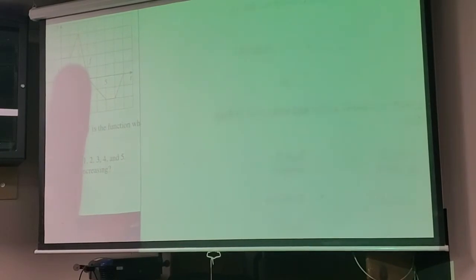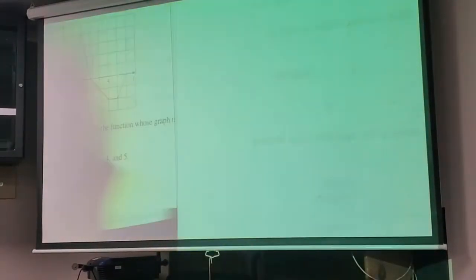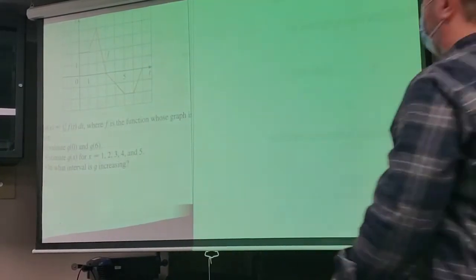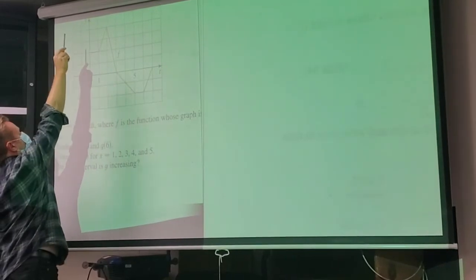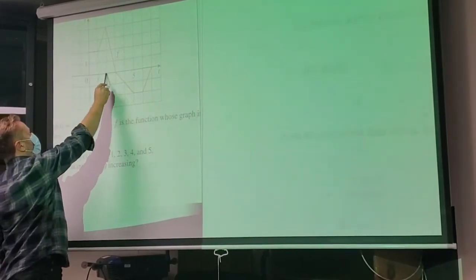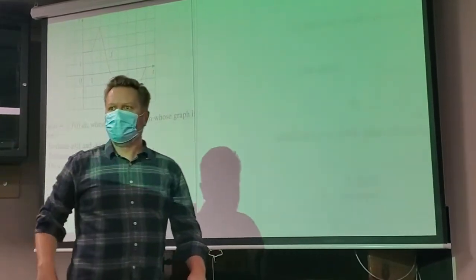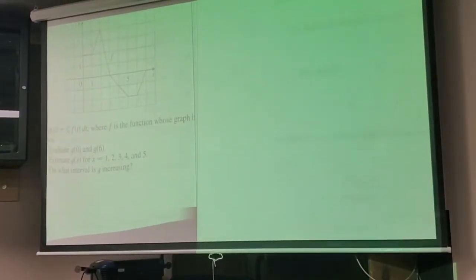If I just focus on the area from 2 to 3, what's going on from 2 to 3? A big triangle. How tall is it? 4. And it's 1 wide, so its area is 2. So I get g of 2 is 5 plus 2, I get 7.